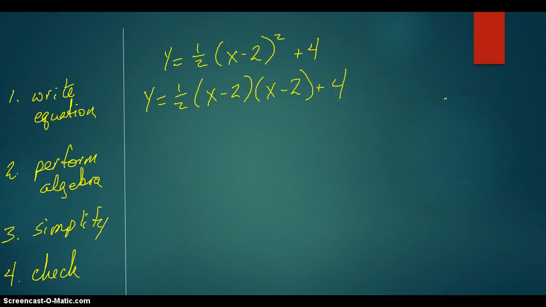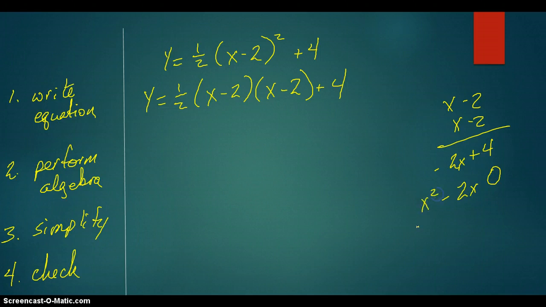Okay, I really like the vertical. So off to the side, I'm going to multiply these two things together. Negative 2 times negative 2 is positive 4. Negative 2 times x is negative 2x. Just like I do with numbers, I'm going to put a 0 here because I've moved places. So x times negative 2 is a negative 2x, and x times x is x squared.